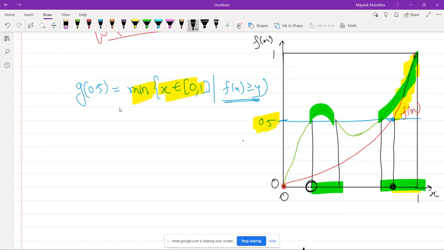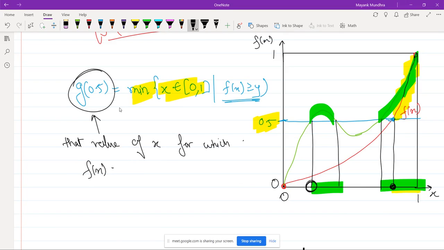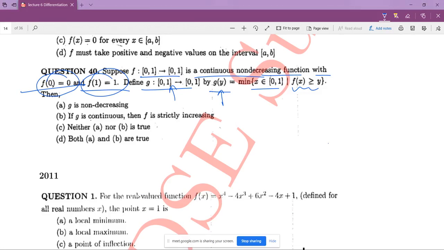So g(0.5) is basically that value of x for which f(x) becomes equal to 0.5 for the first time. So in general, g(y) is basically that value of x for which f(x) is equal to y for the first time.